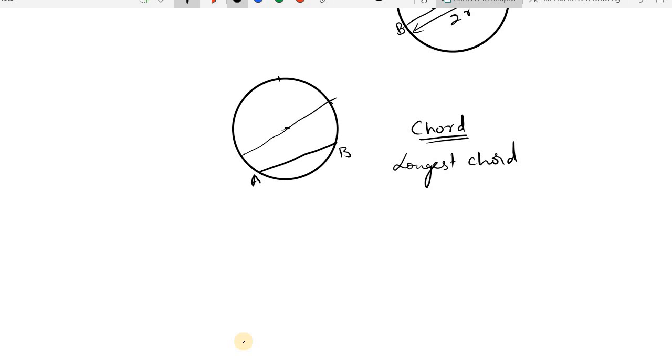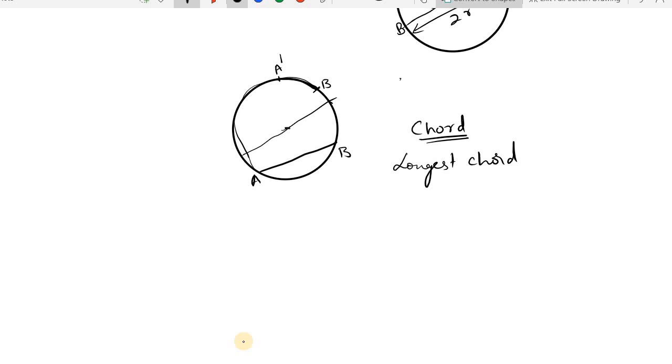Let us say, let me take 2 points A, B. This distance here, or this line here joining this A and B like this, that is part of the circle, that is called arc. Now there are two arcs. To join these 2 points, I could go all the way this side and come back.